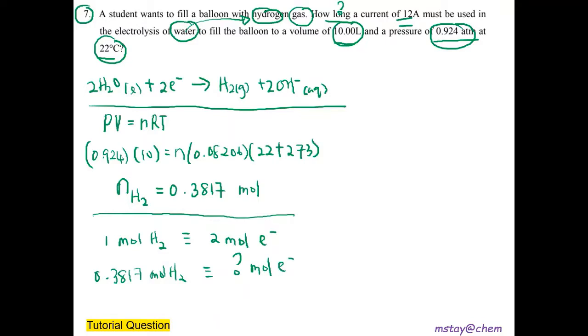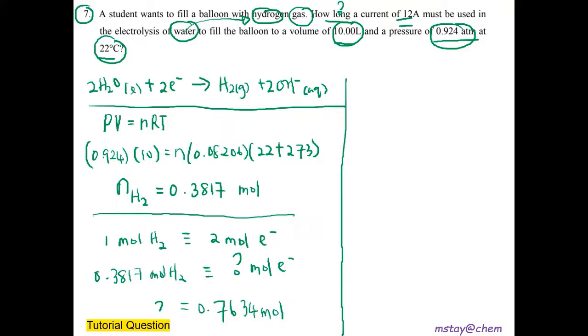So when we multiply by 2, 0.3817 times 2 will equal 0.7634 mole of electrons.